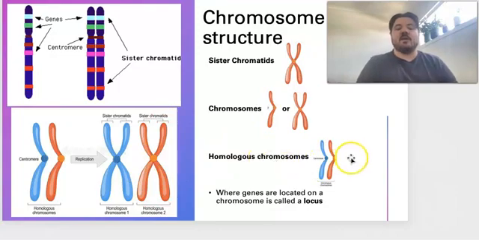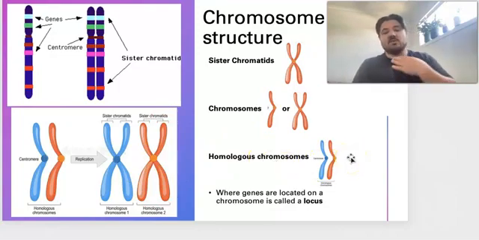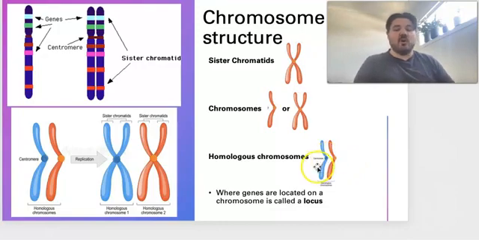Now, what happens in our cells that aren't dividing, just functioning as per normal, is our cells will have homologous chromosomes, and that's where we have one copy of paternal and one copy of maternal of the same chromosome. So for instance, on this chromosome here, let's call it chromosome number 1 from the dad, would be eye color.